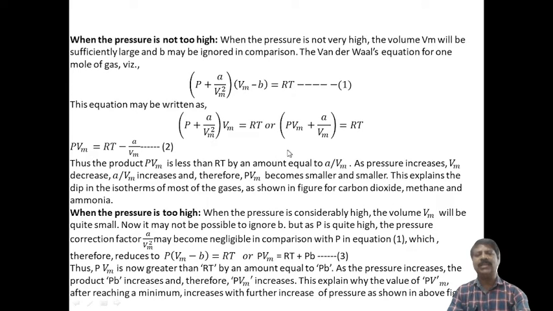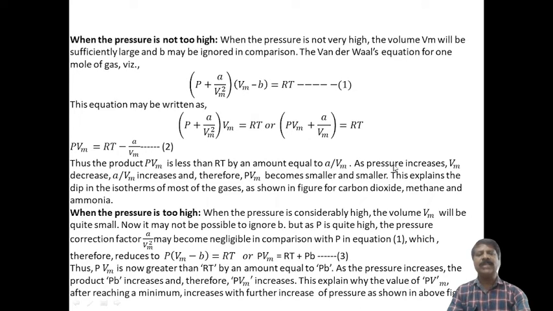After multiplying, this gives PVm plus A divided by Vm equal to RT. By rearrangement, PVm equals RT minus A divided by Vm. Thus the product PVm is less than RT by the amount A divided by Vm.